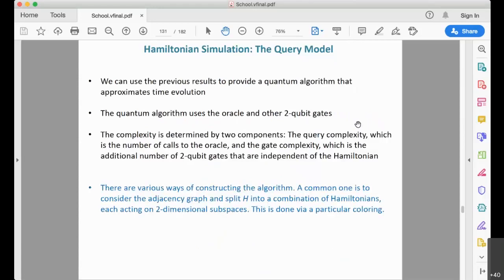Again, in the query model, you may be interested not only in the gate complexity, the one- and two-qubit gates, but also in what we call the query complexity, how many queries you need to use. Because queries may be expensive and you may want to minimize the number of queries at the expense of increasing other two-qubit gates, for example. So people have looked at these things.